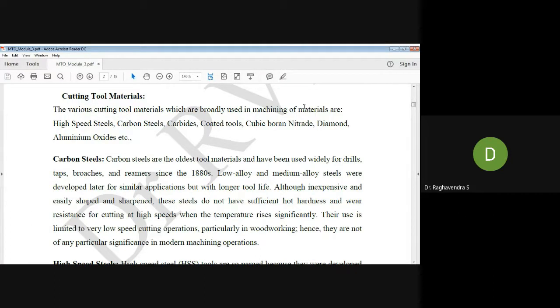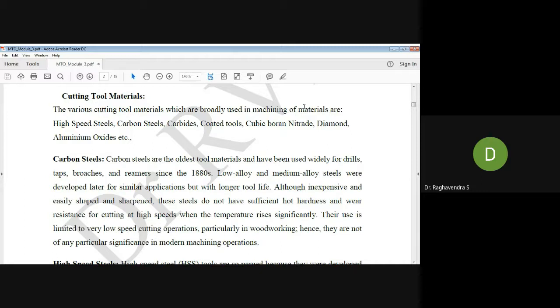These are the materials used for tool manufacturing. Why do they use these materials? Because these materials have those properties: wear resistance, thermal shock resistance, impact resistance.